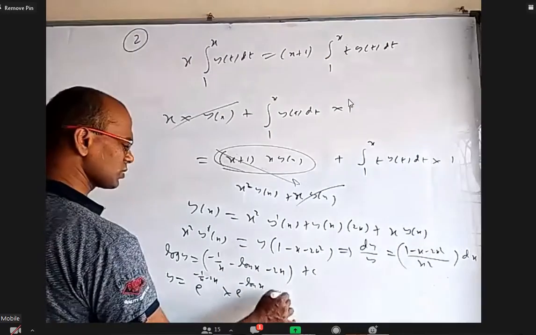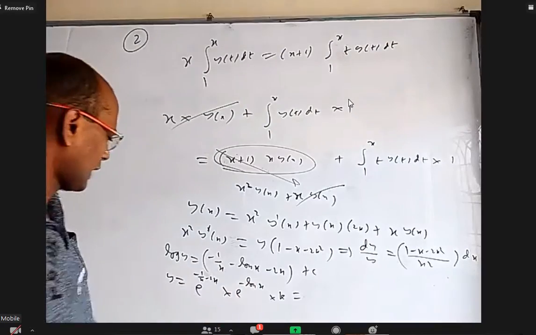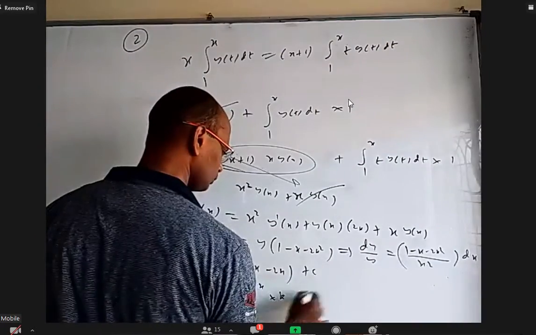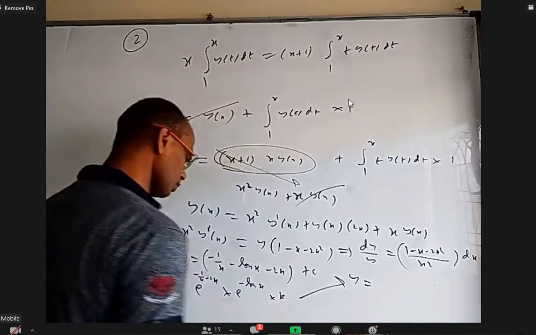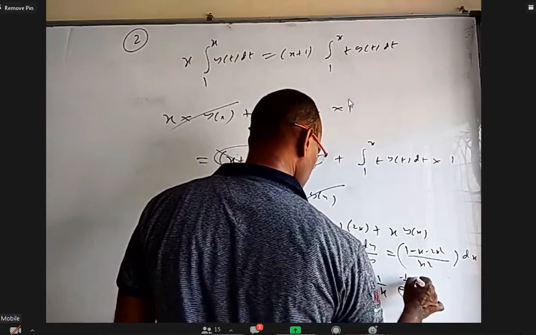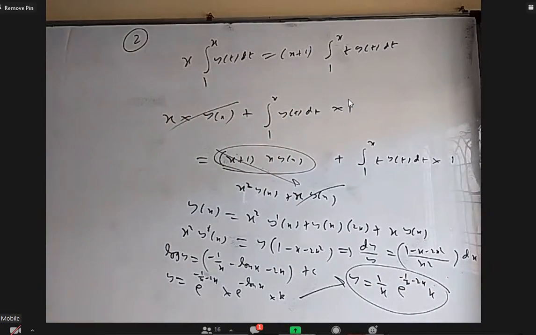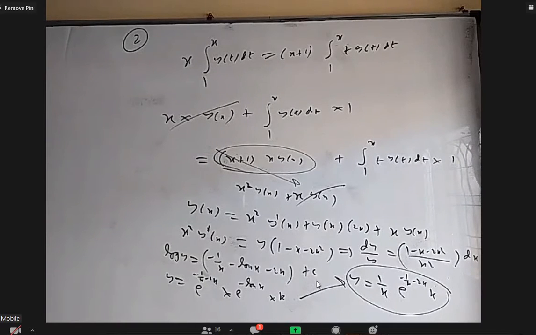And e power c is also some constant. This will become 1 by x, as e and log will cancel. So I will be getting y is equal to 1 by x e power (minus 1 by x minus 2x) into some constant. So let us see if such an option is there, or we made a small mistake.